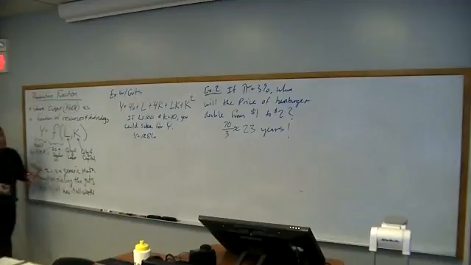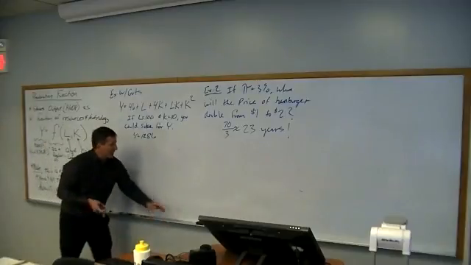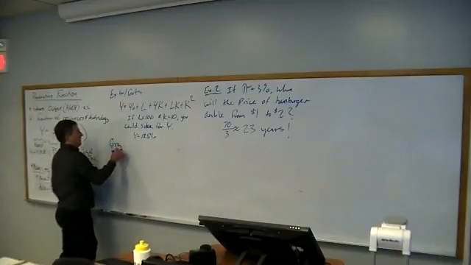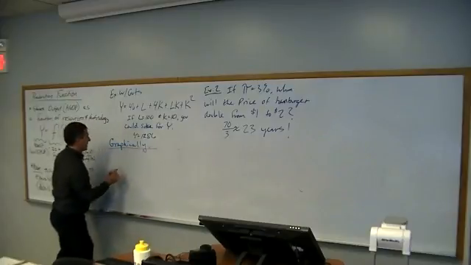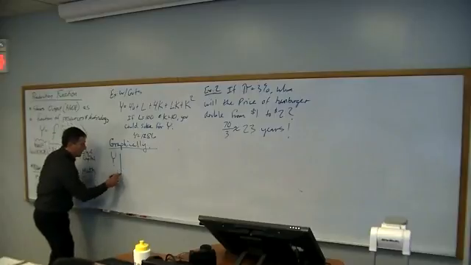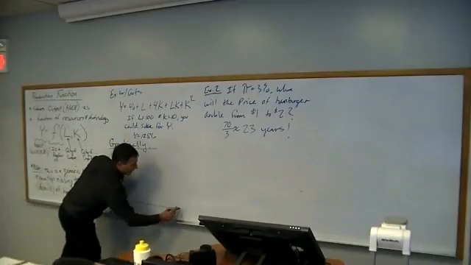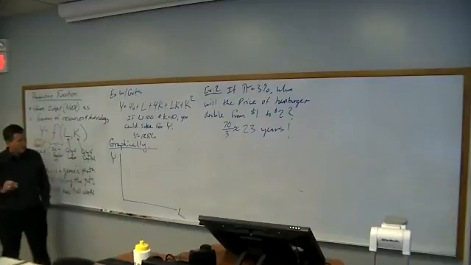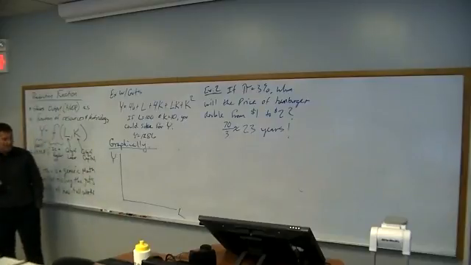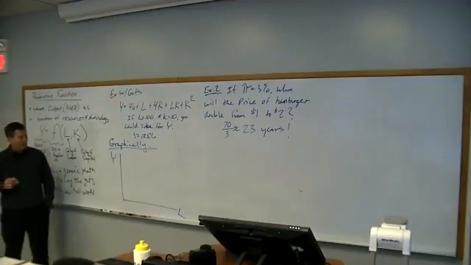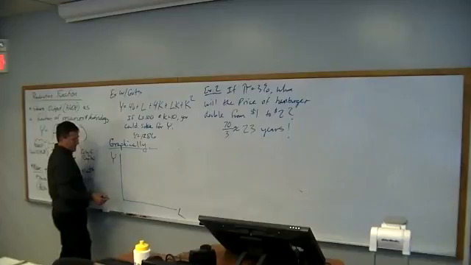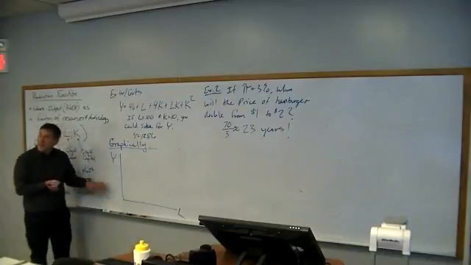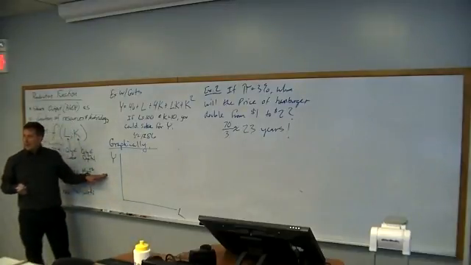Okay. So graphically, what does that look like? Well, we're going to put Y on the vertical axis and L, one of the resources, on the horizontal axis. If I did that, would I expect a positive or negative relationship between the two?